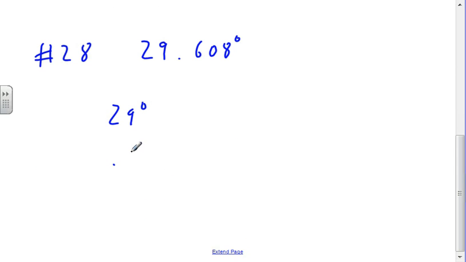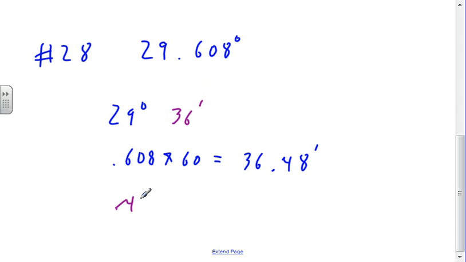Then I take 0.608 times 60. And I get 36.48 minutes. All right, so I write up here 36 minutes, and then I go 0.48 times 60.